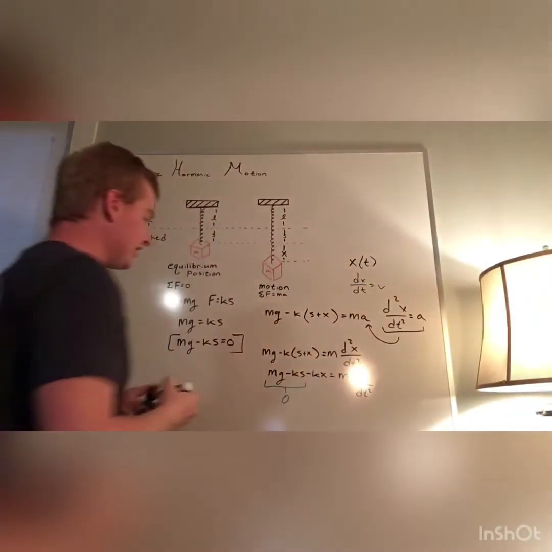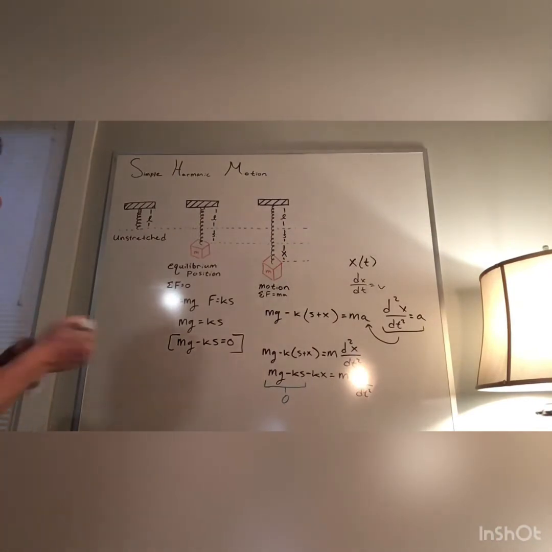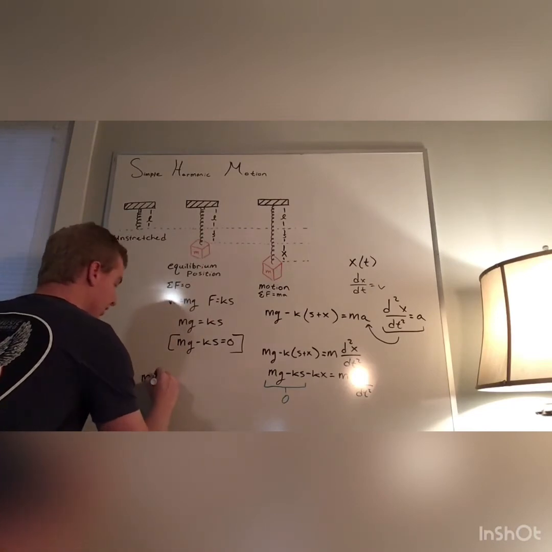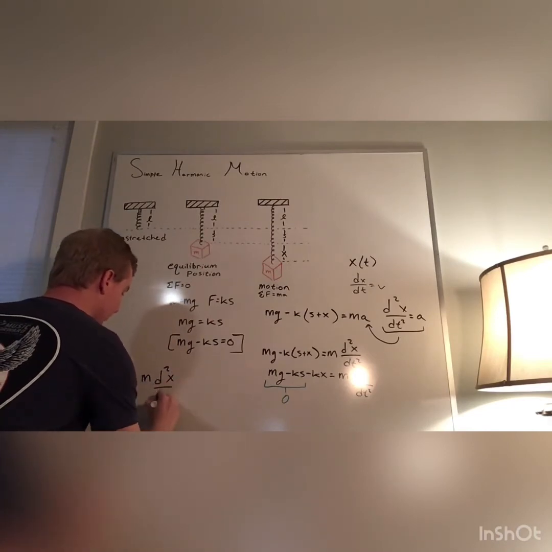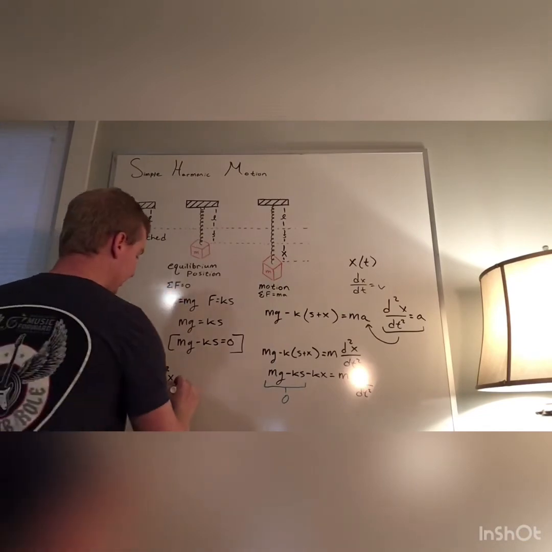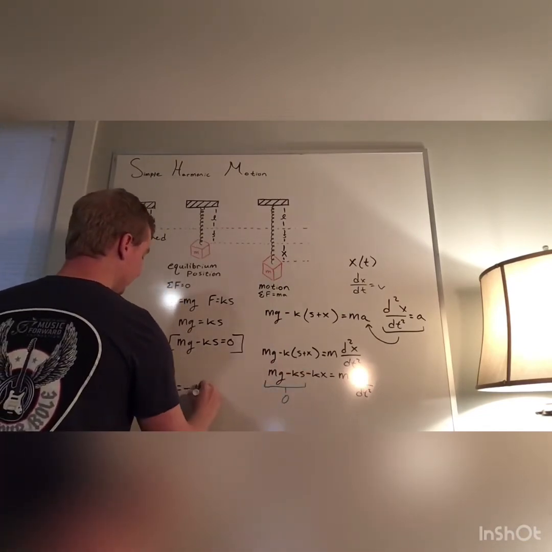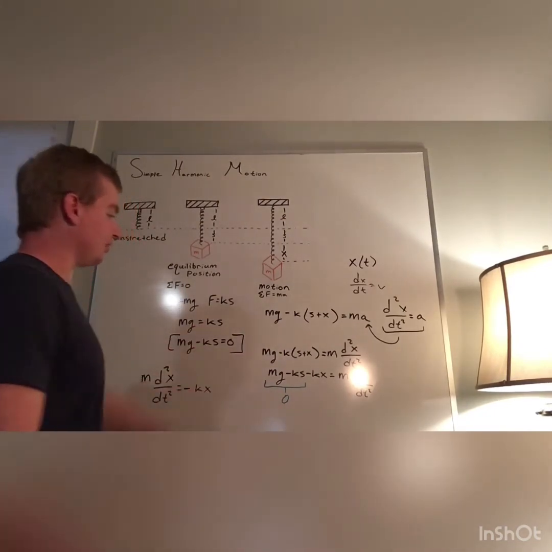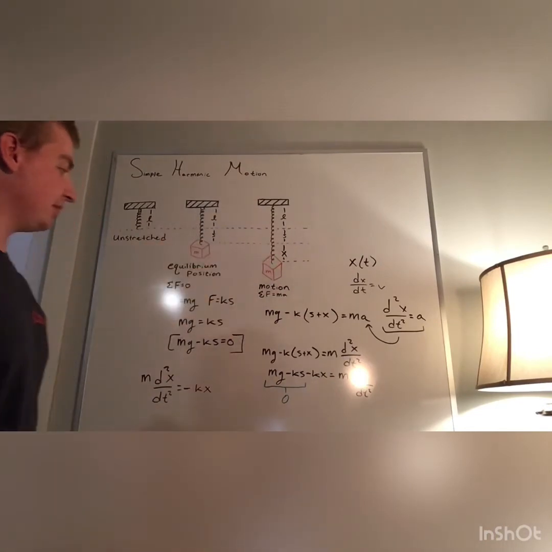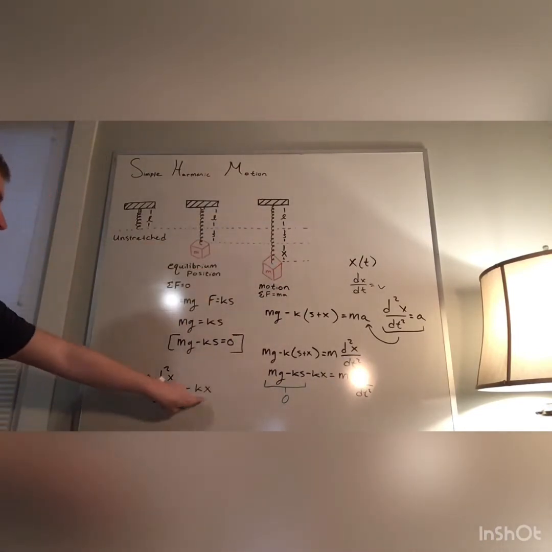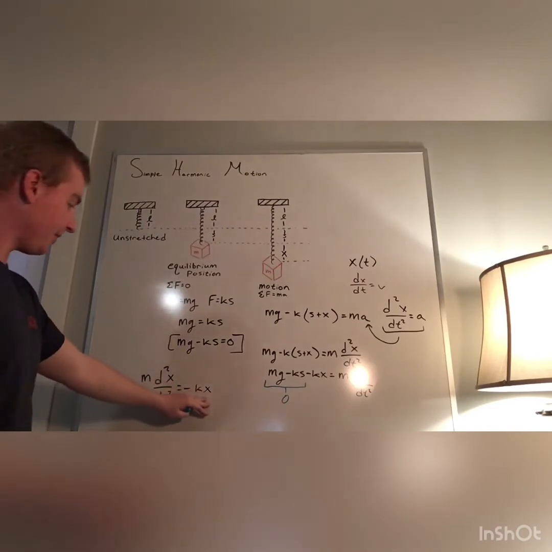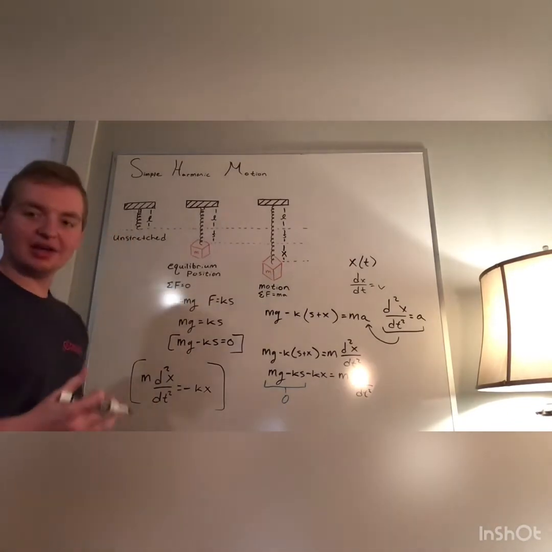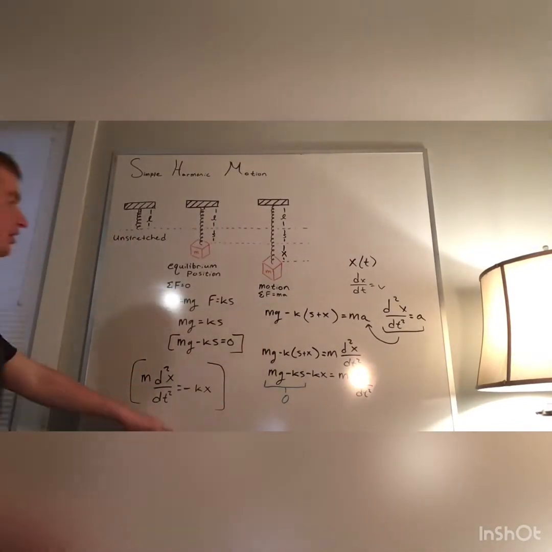So lastly, our last form of our differential equation is going to be m times the second derivative is equal to negative kx. So we don't have to manipulate anything anymore with the actual physics behind it. So let's go ahead and just add over our spring force and try to get this into standard form, because standard form is always your best bet when solving differential equations.